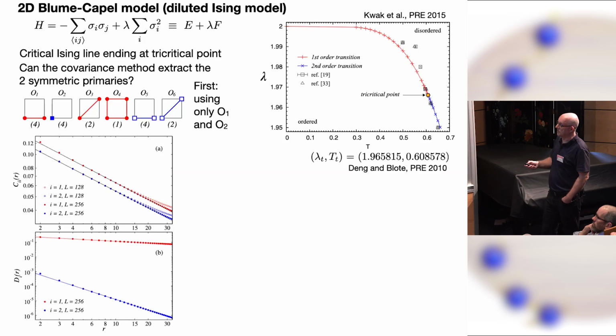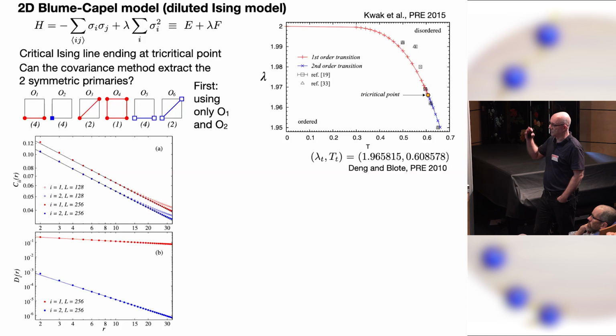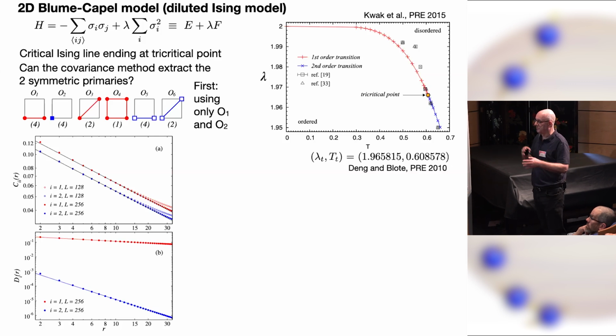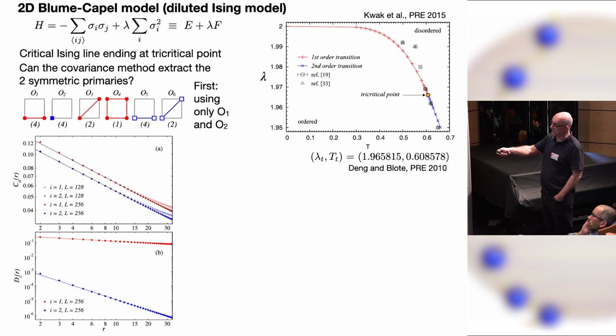But first, out of that 6 by 6 matrix, I just pick two operators. Post simulation, we can pick any of these correlations to construct smaller covariance matrices. So this is what it looks like for the operators O1 and O2. If I look at just O1 times O1, I get these correlations, and O2 times O2, this one.